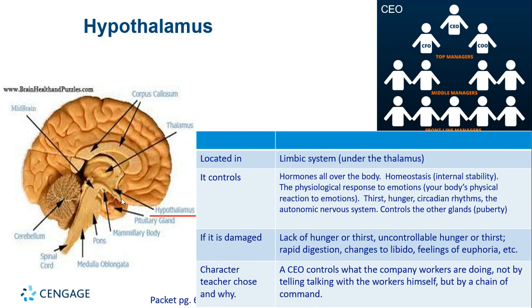So it's this sort of cascade process of information. And that's the way your hormones work. Your hypothalamus sends a signal to one gland, that gland sends a signal to another, until the right hormone is released, and then the body does what it's supposed to do.